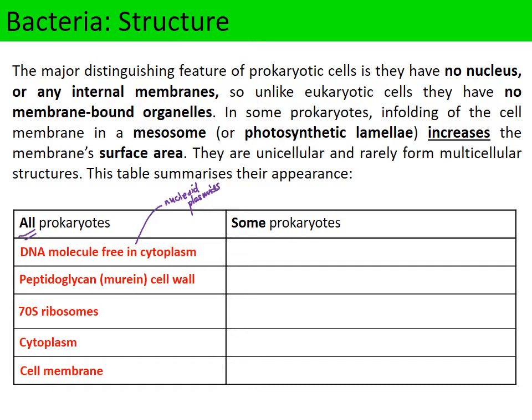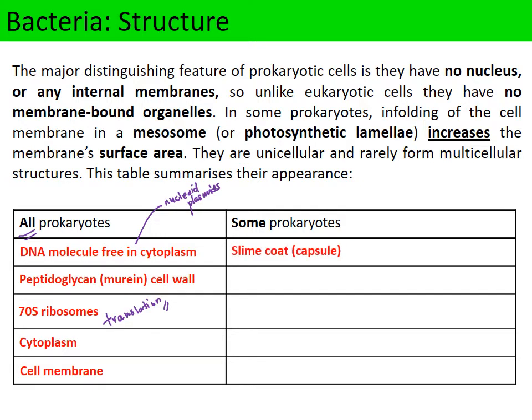They have 70S ribosomes for protein synthesis, in particular translation of the messenger RNA that's made against the template strand from either the DNA in the nucleoid or the plasmids. Obviously, the cytoplasm is the fluid-like material inside which we find the ribosomes, and we've got a cell membrane made of a phospholipid bilayer with some intrinsic proteins within that.